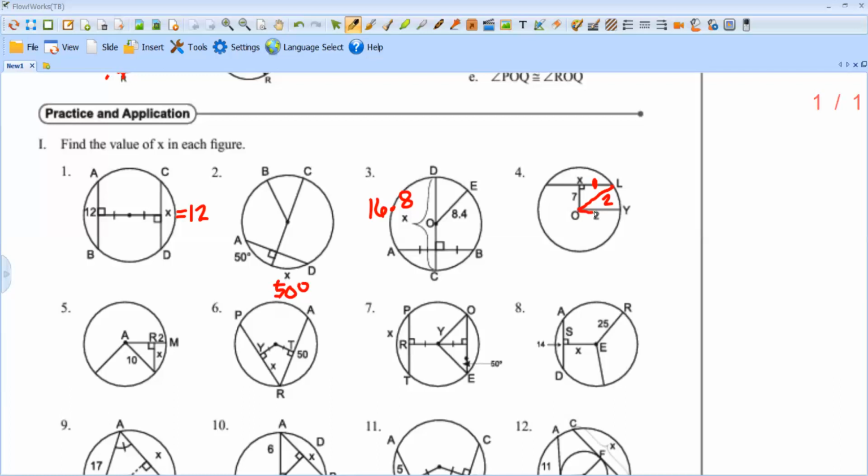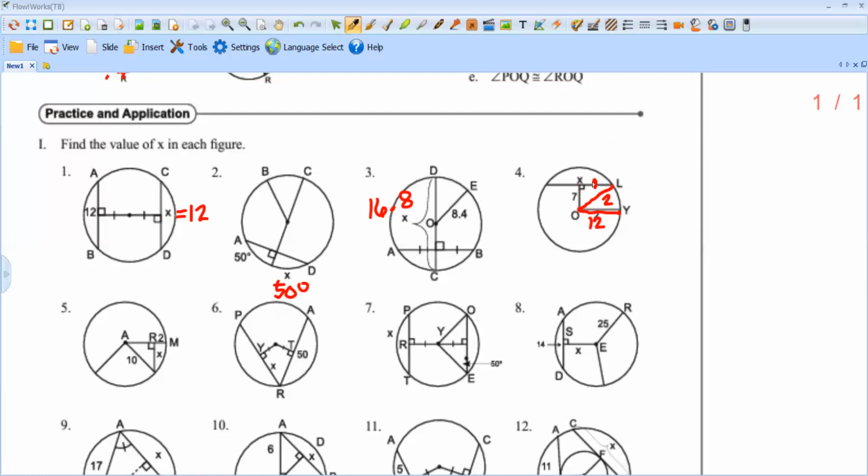The radius should be longer than this side, the 7. Let's change the radius to 12.